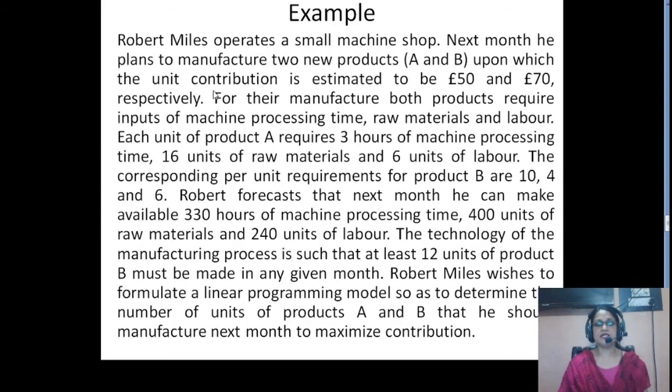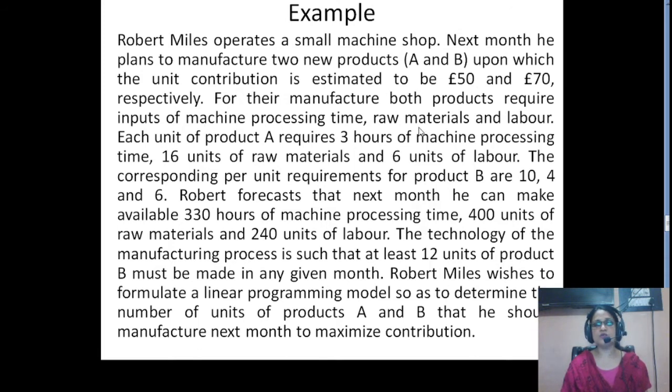Now, see students, in the previous lecture, I took up the numerical of Robert Miles. I'm again taking up the same numerical so that you can understand it further. See, we were maximizing the contribution with the two products, pound 50 for product A, pound 70 for product B. So we have to maximize this objective function, right?